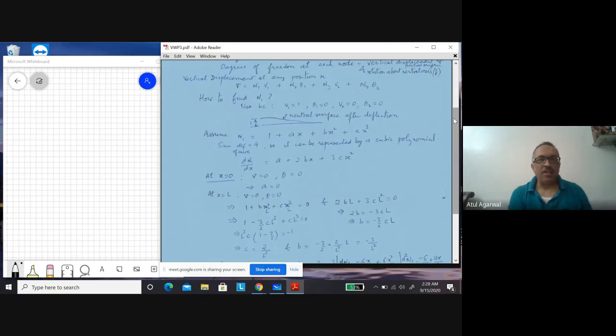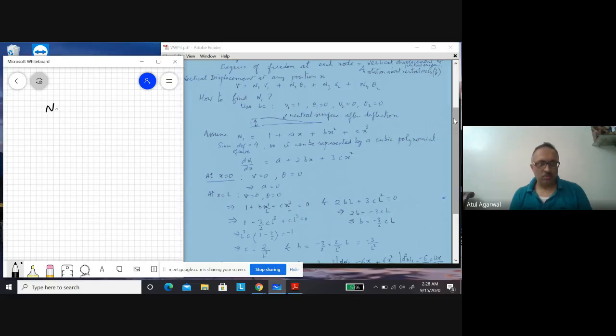So what is the meaning of N2? This is our initial line, initial position of the central surface, and you see here our v1 is equal to 0, theta 1 is equal to 1.